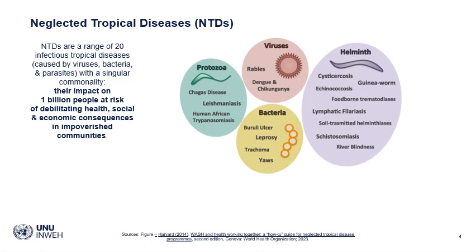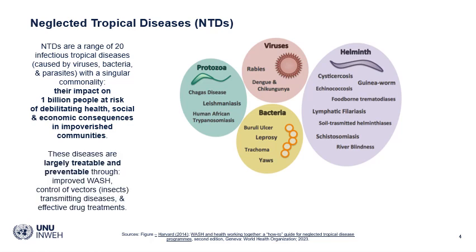Here we see protozoal, viruses, bacteria, and helminth. These diseases are largely treatable and preventable through improved WASH, control of vectors like insects transmitting the diseases, and effective drug treatments.